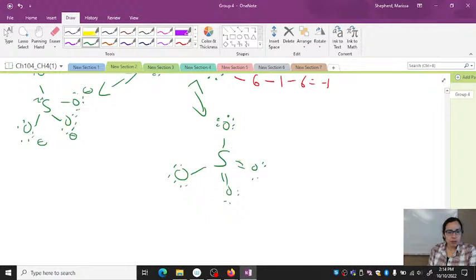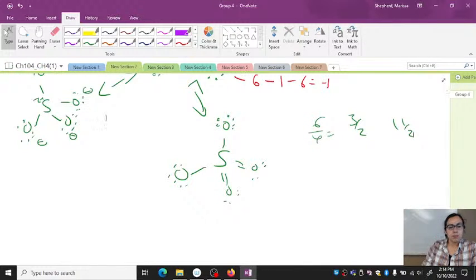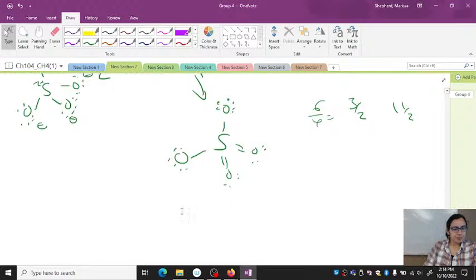So you have 1, 2, 3, 4, 5, 6 bonds divided by 4 things. So everyone is about 1.5 bonds roughly, and that would match roughly with the bond length, so you can kind of predict that. So it's not quite a single bond, not quite a double bond, and so that double bond would be a little bit shorter, somewhere in the middle.